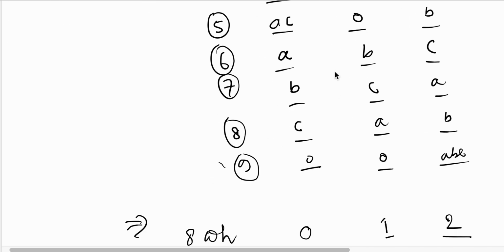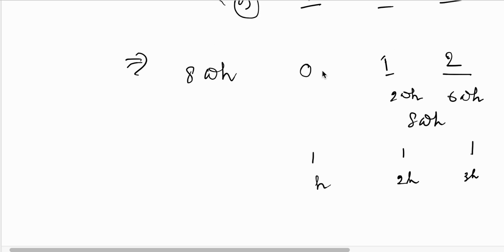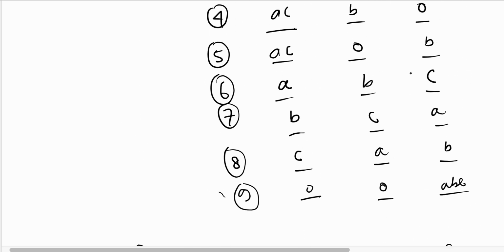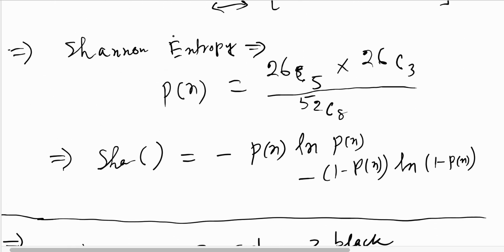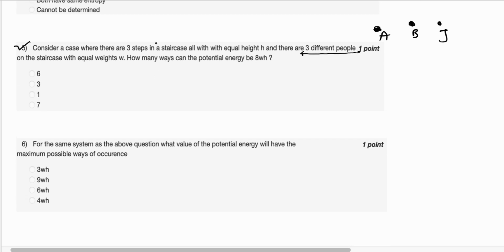So the only possible way is maybe only this, because if I put 3 individuals there, then also 9h, it is not possible. With 2 individuals there, it is 2h and 5h. So everyone 1h, no. So it's only one possible way we can get the potential energy 8 omega h.